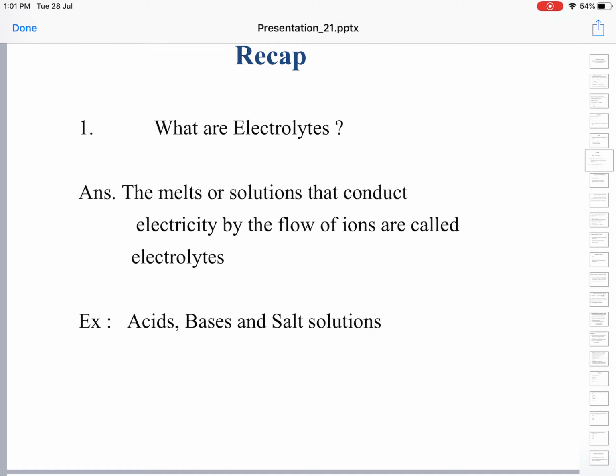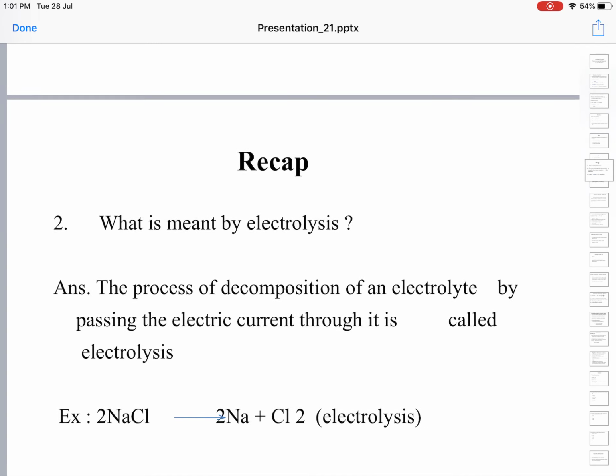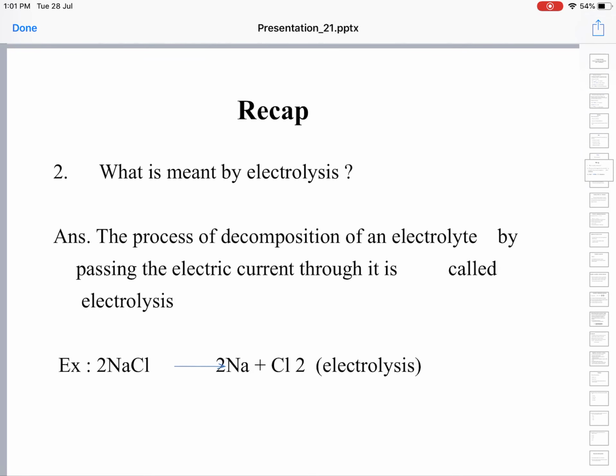Examples of electrolytes are all acids, all bases, and all salt solutions. What is meant by electrolysis? The process of decomposition of an electrolyte by passage of electric current through it is called electrolysis. Example: 2NaCl gives 2Na plus Cl2, that has undergone electrolysis.